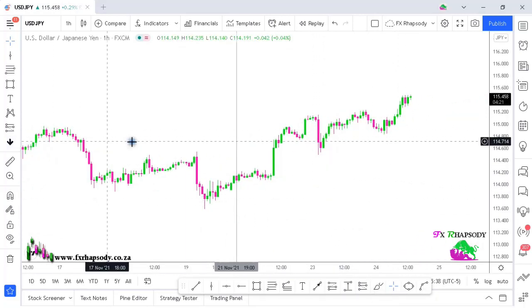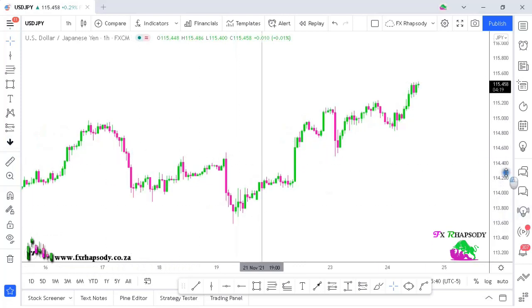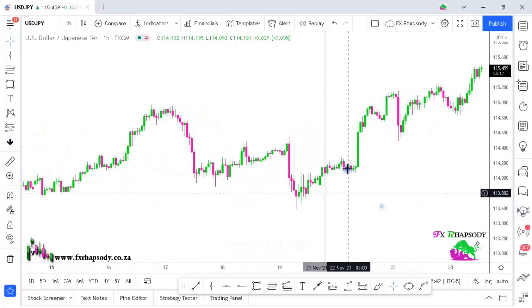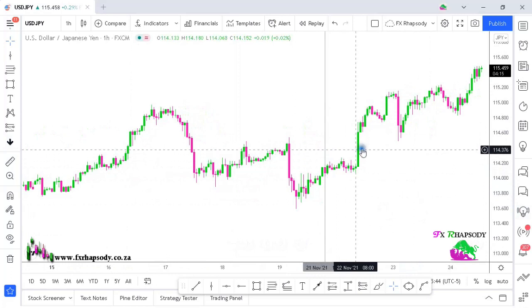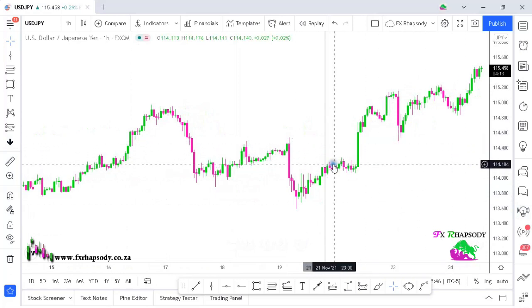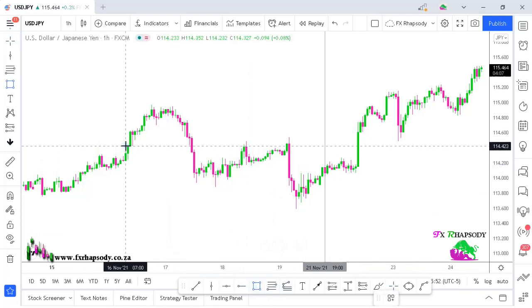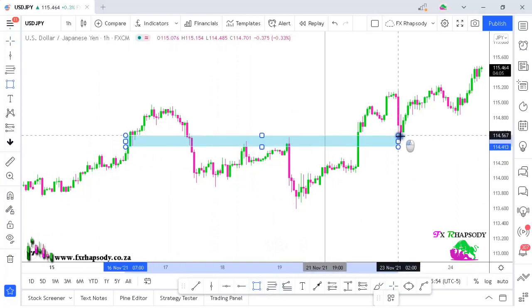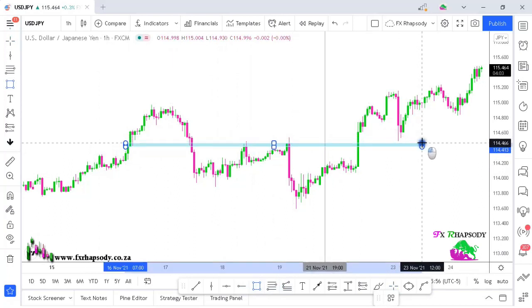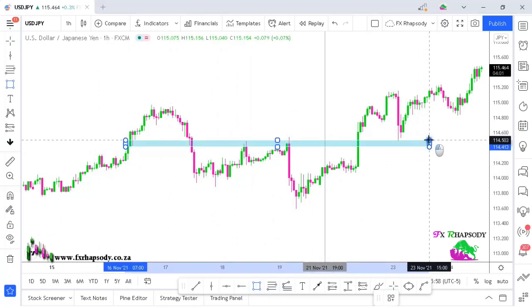Now for me, because like I said, let's say this did not happen. I mean, we find the structure first because we need the structure to be broken. So for me, this is a good structure. I'm going to pull it and I'll show you why. There we go.